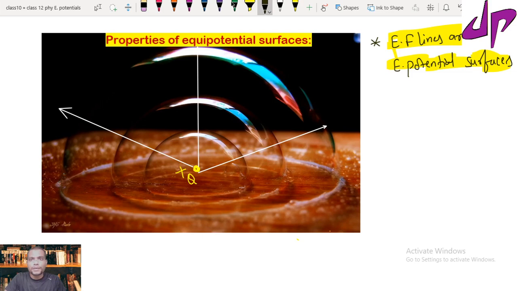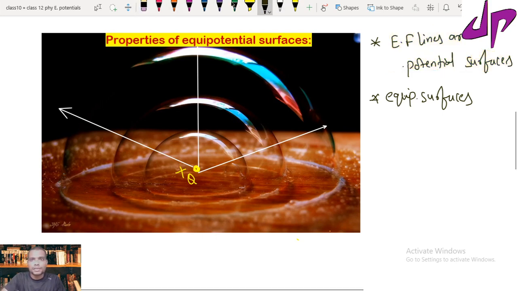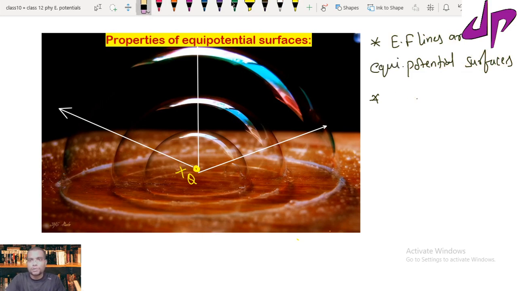And the second point: equipotential surfaces. Here, read the E as equipotential, not electric potential. Earlier I used to mention E as electric potential, but in this case I will take it as equipotential surface.